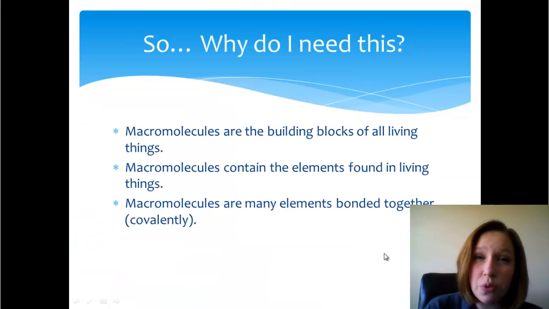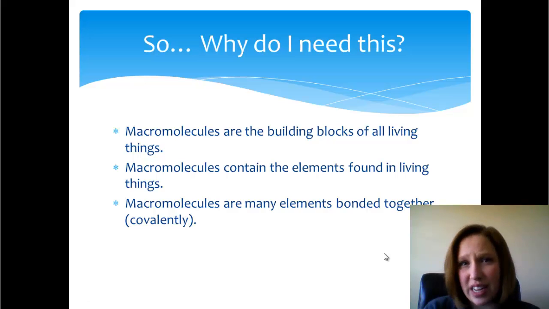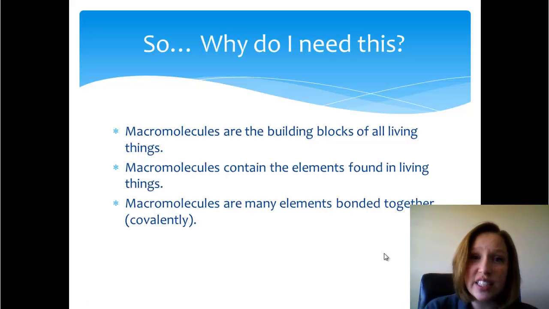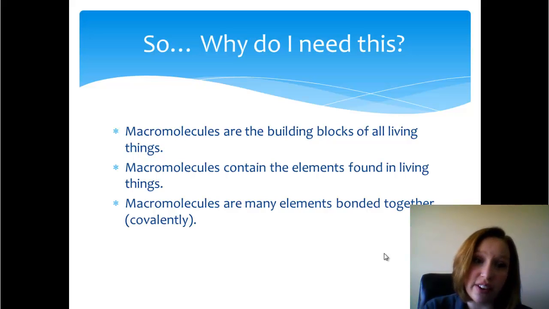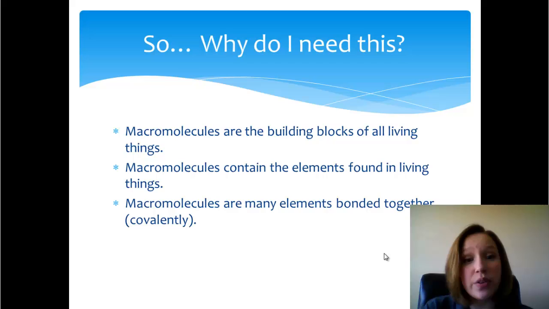So, the big question you all always want to know is, why do I need this? In this case, in the macromolecules unit, you need to know about bonding because macromolecules are the building blocks of all living things. You are just bunches and bunches of macromolecules held together.